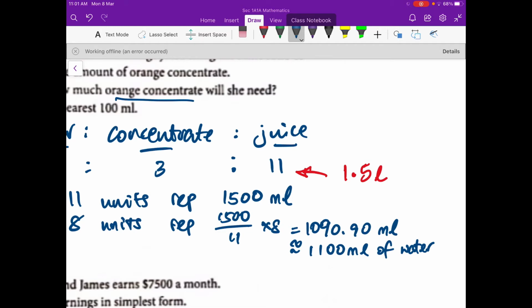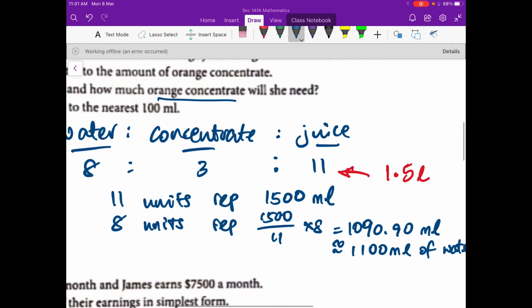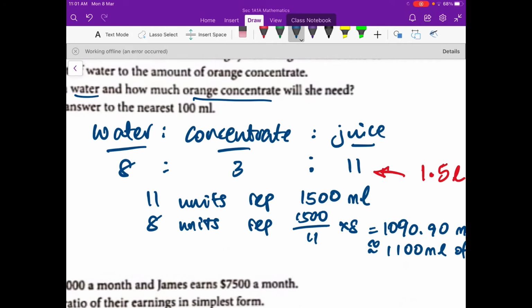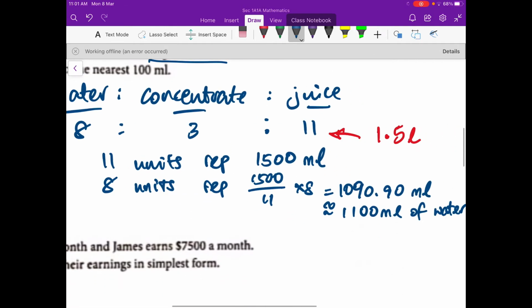So what about the amount of juice? You have two options from here. Either you take 1.5 liters minus 1100 ml to get 400 milliliters, or you find out the 3 units. How much will that be? I know you all can do the subtraction very easily. You get 400 ml.